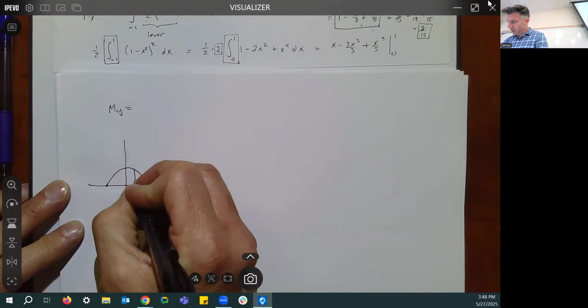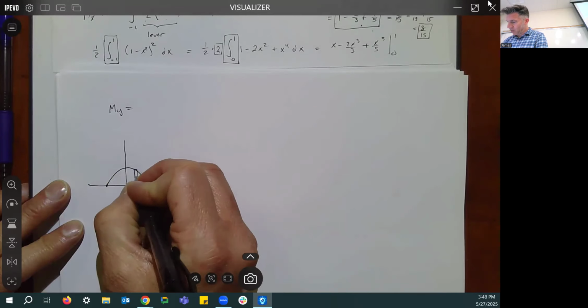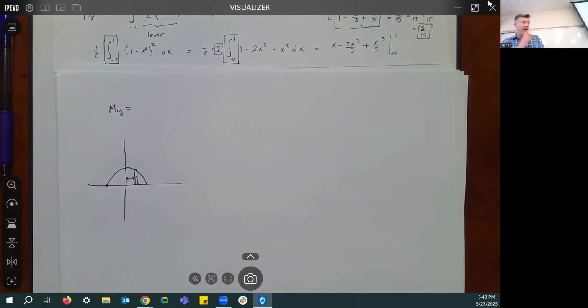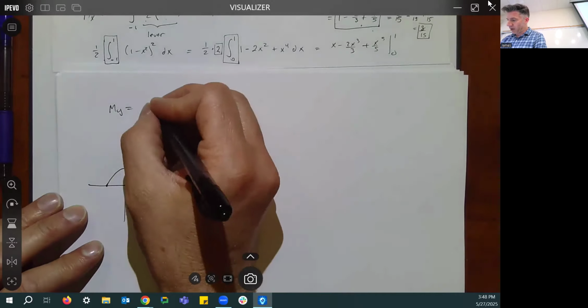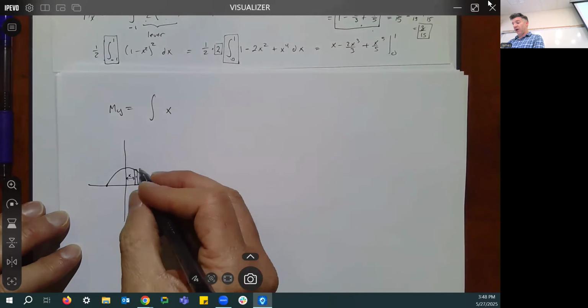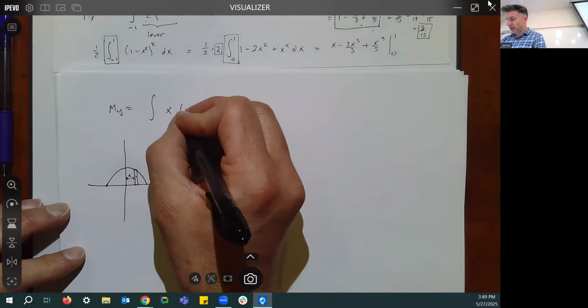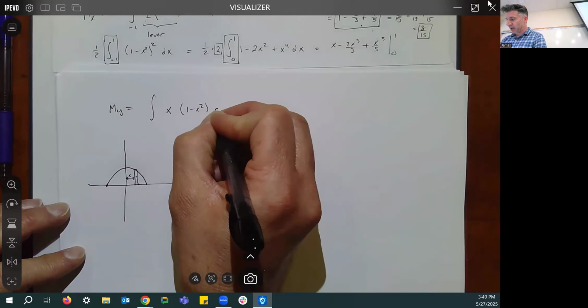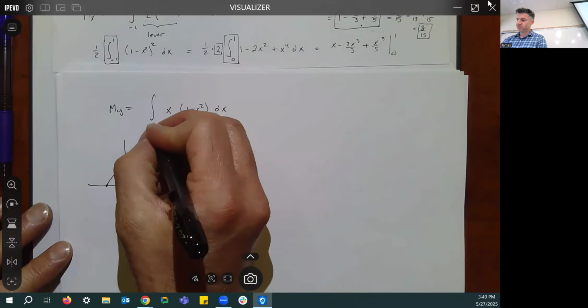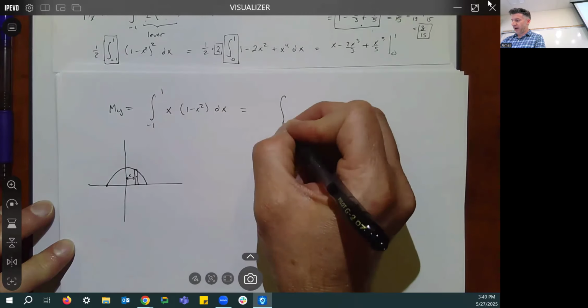So now for this strip here, this strip is all a distance of x away from the y-axis. So my lever arm is x, and the area of my strip is just my height times my thickness. But now check this out. This is where you get to use one of the other cool facts.